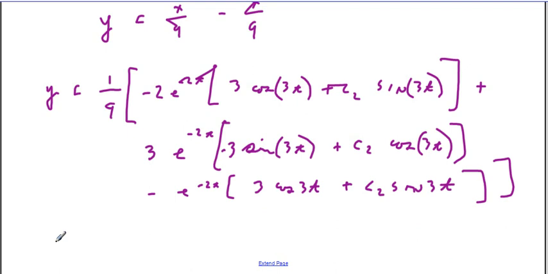Okay, so I combine things together and I get y is equal to, okay, so I've got a 3 here, I've got a minus 2 there.